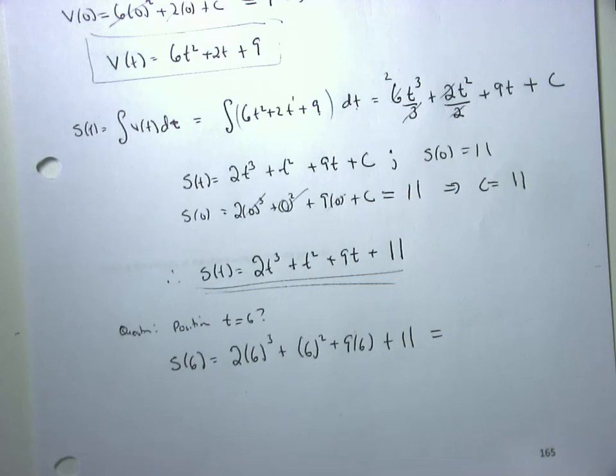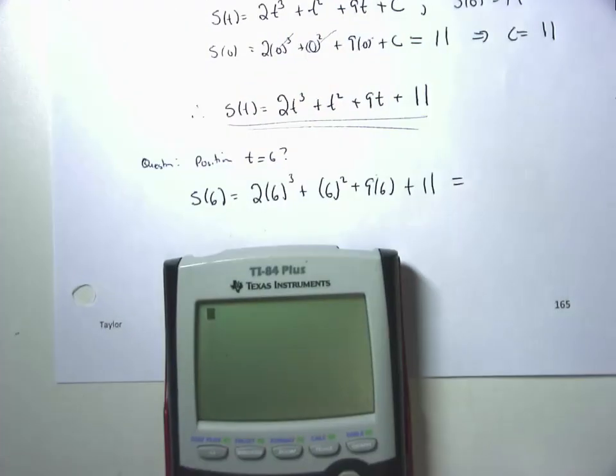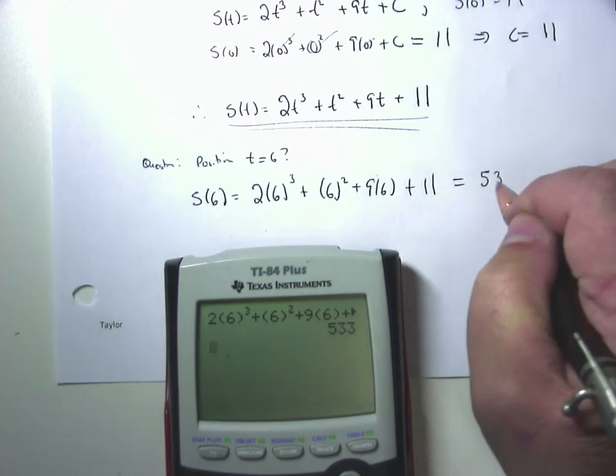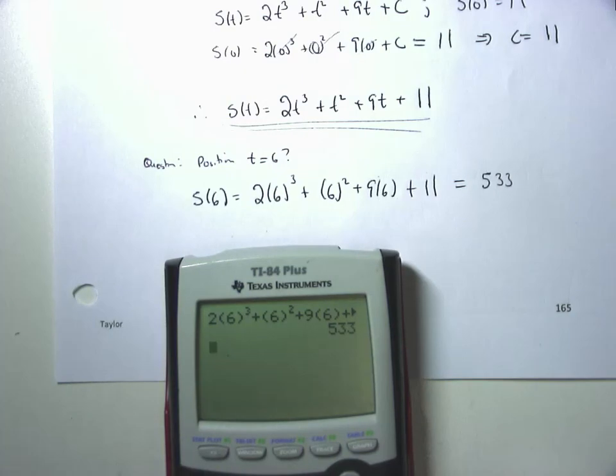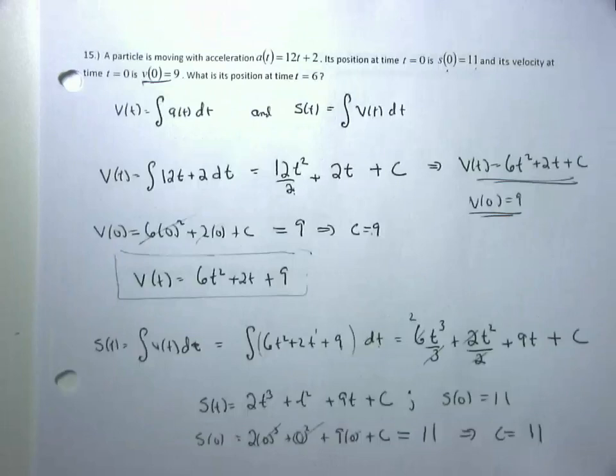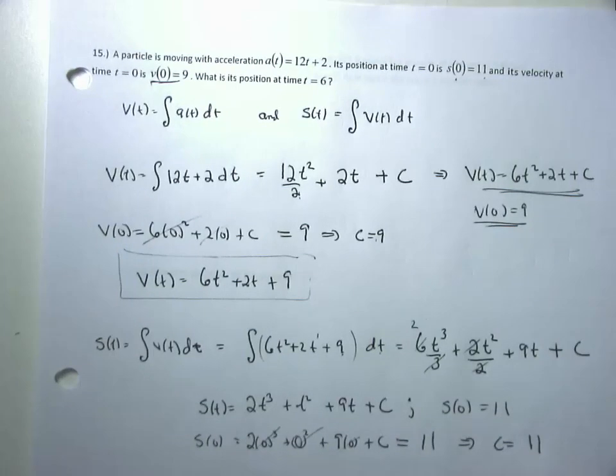Time for the old handy dandy calculator now. So I end up getting 2 times 6 cubed plus 6 squared plus 9 times 6 plus 11, and I get 533. And 533 what? Well, in this example, they didn't tell me any units.